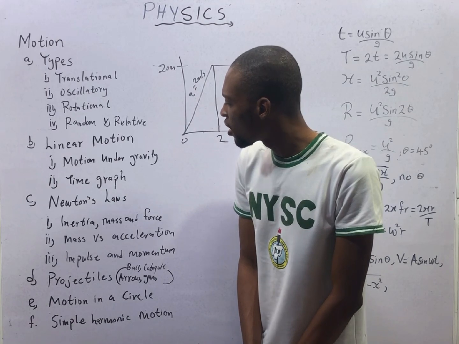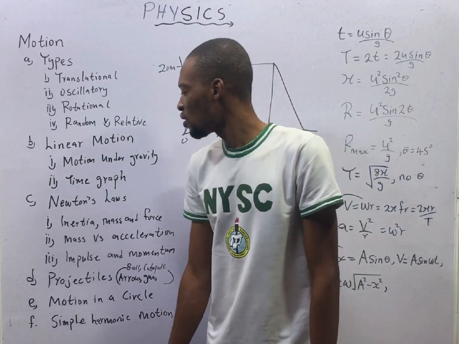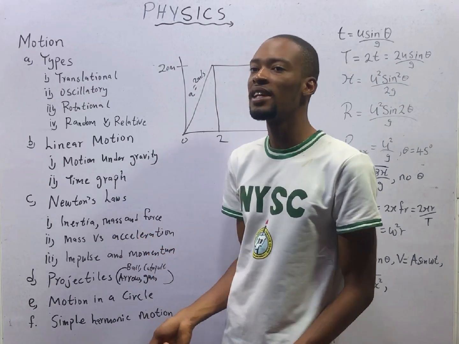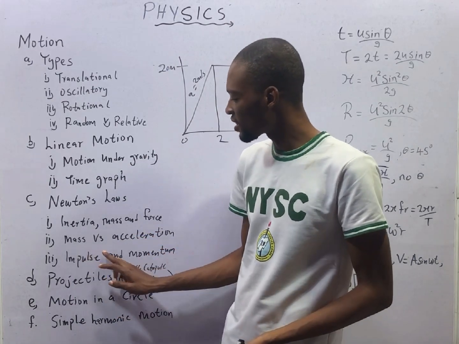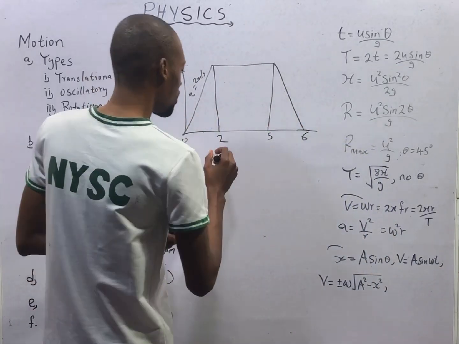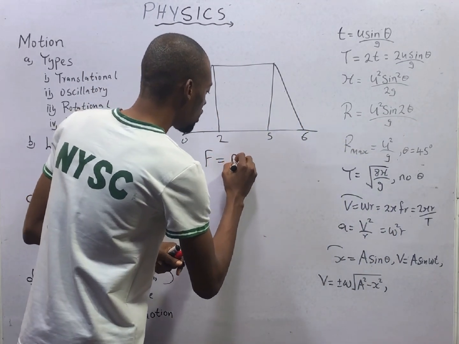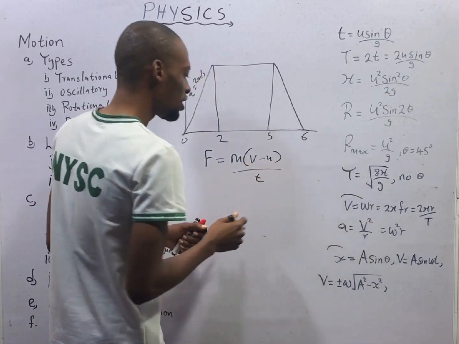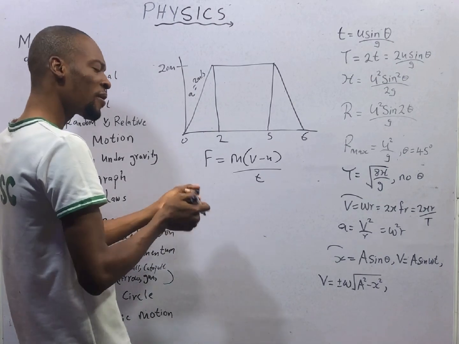Now, projectile. We've looked at inertia, mass, and force, and we've been able to get that force is equal to mass times acceleration, and impulse is change in momentum. Like we established earlier, Ft is equal to mv minus mu when you cross multiply.